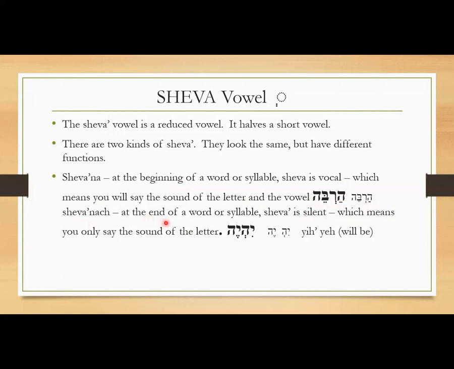Schwa nach at the end of a word or syllable is silent, which means you only say the sound of the letter. Ye, there I said the H, ye. I'm going to say ye. You've got to know, because in modern Hebrew they don't write the vowels, the dots and the dashes.